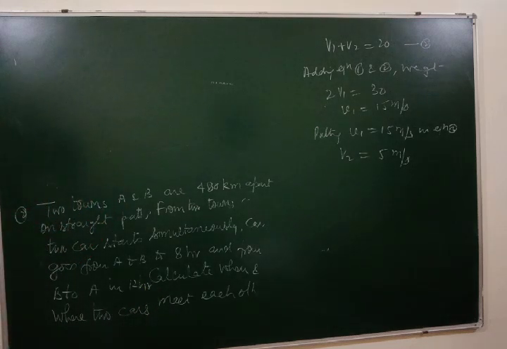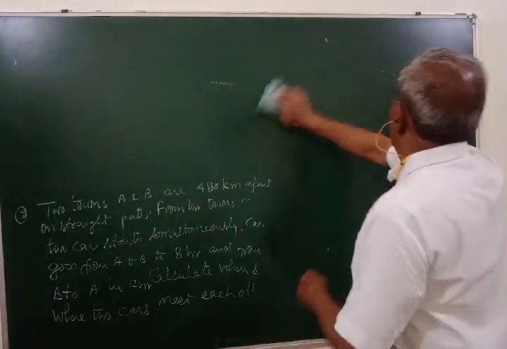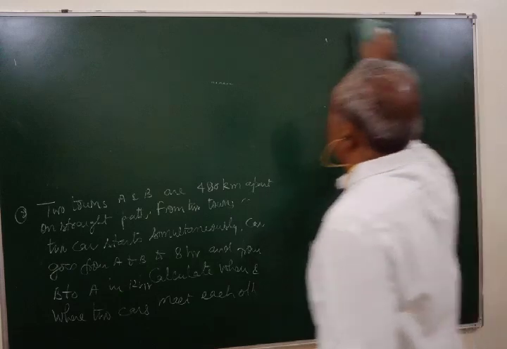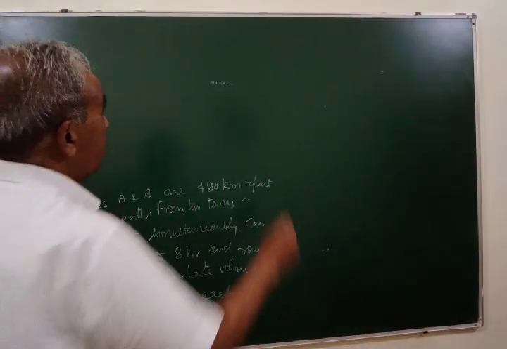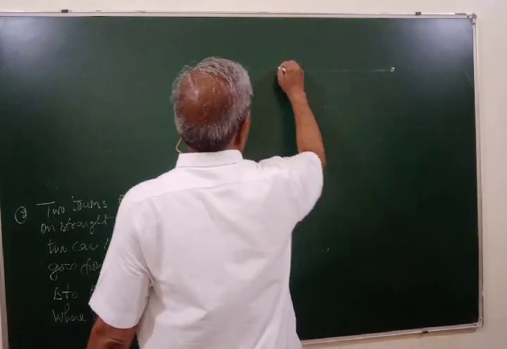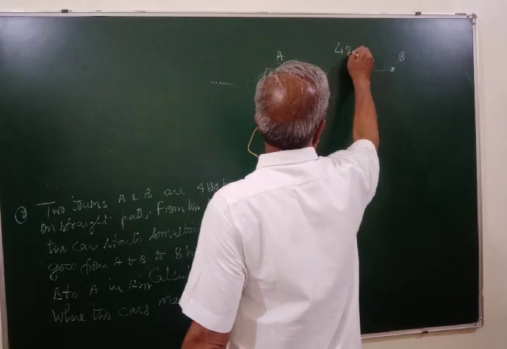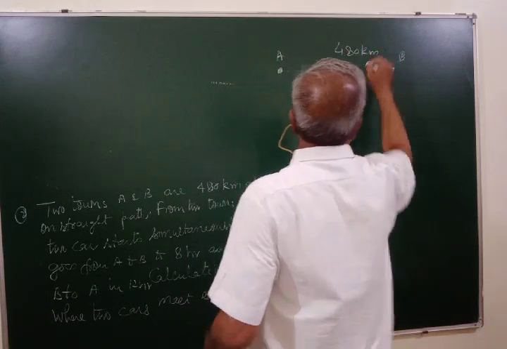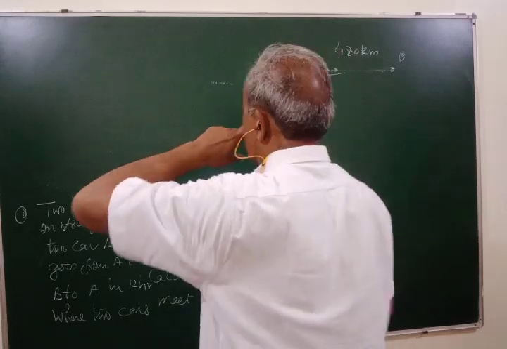Calculate when and where the two cars meet each other. The distance between the towns is 480 km.